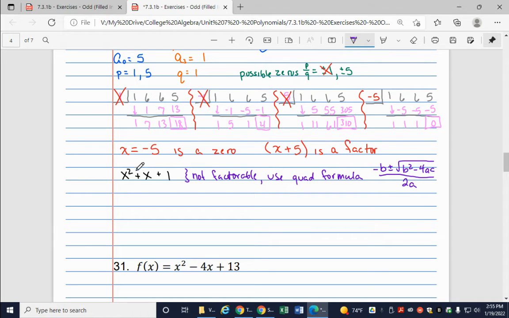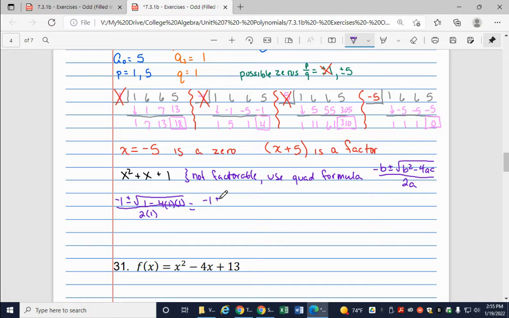So negative b is negative 1, plus or minus the square root of b squared, so 1 squared is 1 times 1, that's just 1, minus 4, a is 1, c is also 1, all over 2a, a is 1.